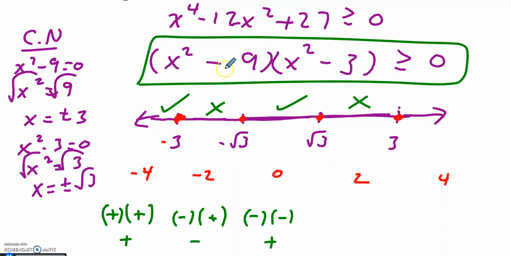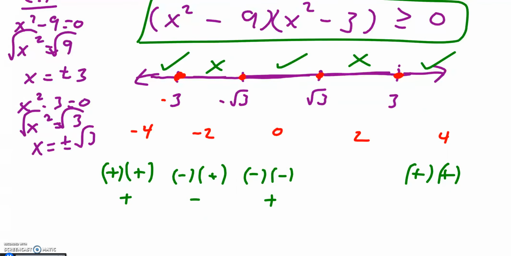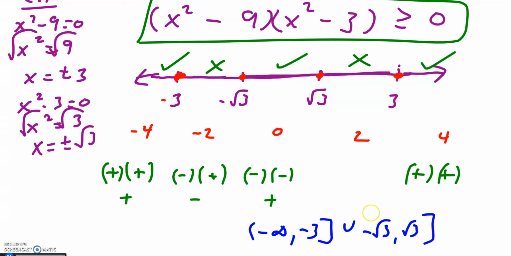If I plug 4 into both, I would get 16 minus 9, which is a positive, and I would get 16 minus 3, which is a positive, so I got this interval to work as well. Which means that my final answer in interval notation would be this first interval, -infinity to -3 bracket, union, this interval, -√3 to +√3, both brackets, union, this last interval, 3 to infinity.